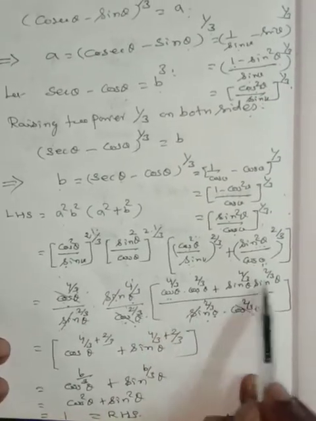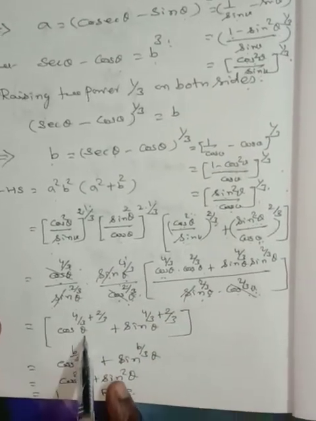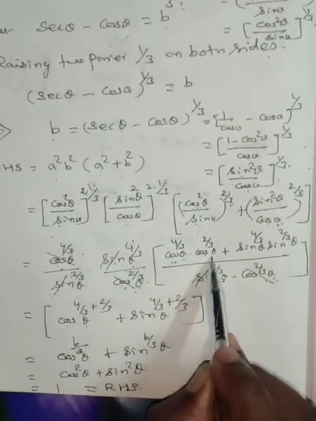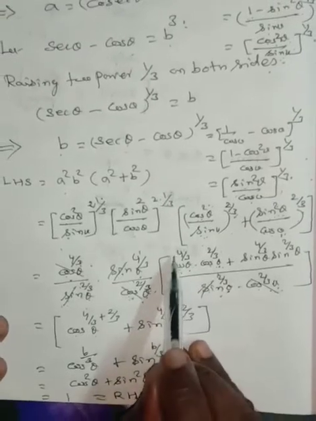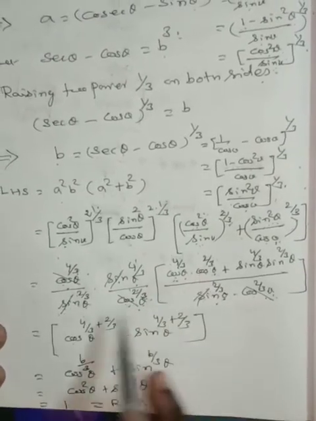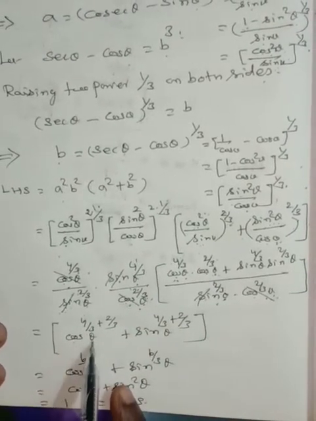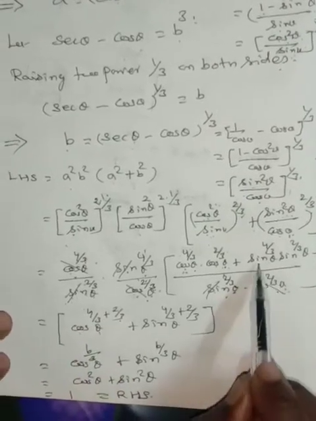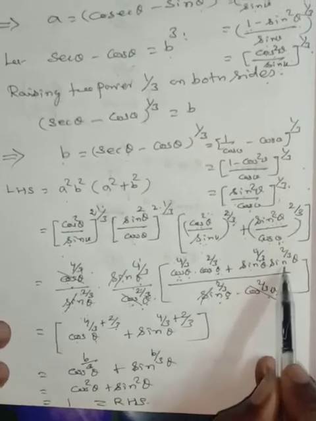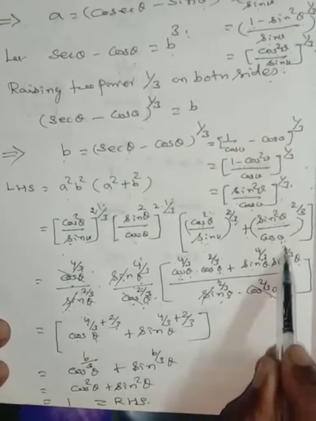Remaining part this numerator only, cos power 4 by 3 theta into cos power 2 by 3 theta, cos theta. So powers are adding, we get cos theta power 4 by 3 plus 2 by 3 plus sin theta power 4 by 3 into sin theta power 2 by 3.